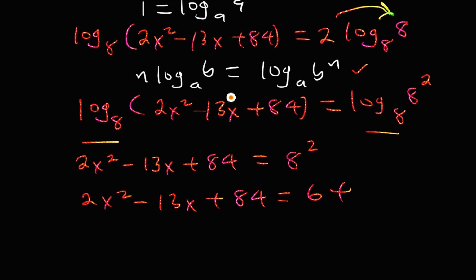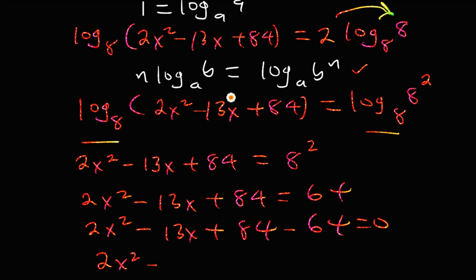Now we can move 64 to the left so that we have 2x squared minus 13x plus 84 minus 64 equals 0. So 84 minus 64 is 20, and we have 2x squared minus 13x plus 20 equals 0.